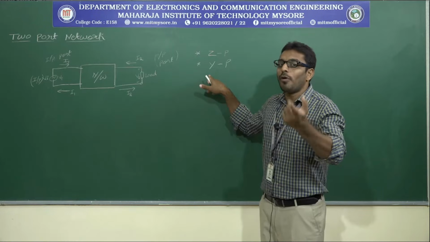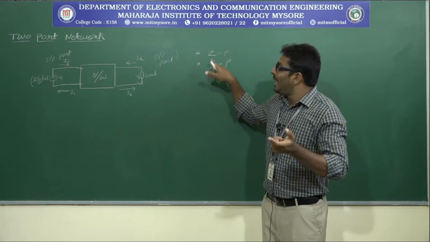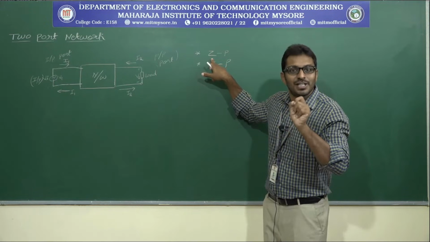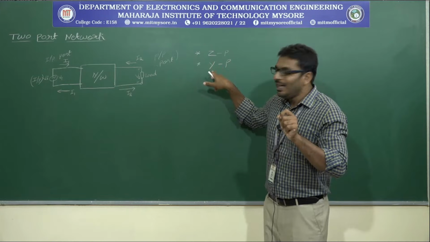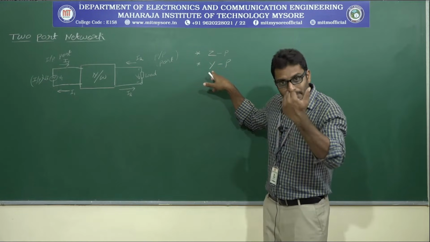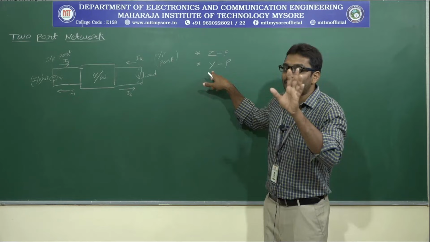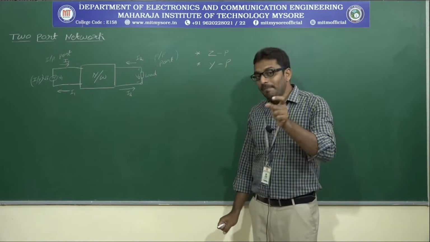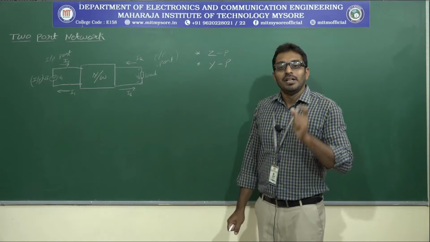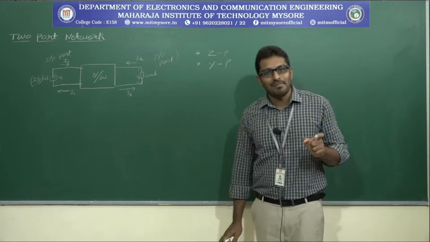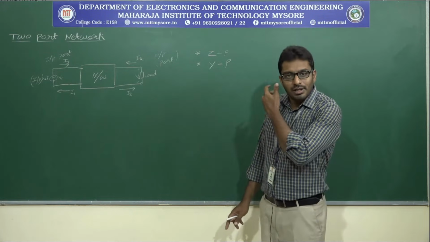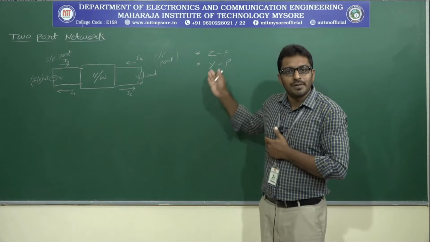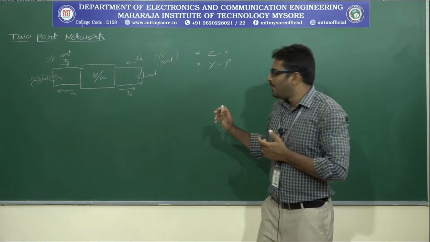In order to obtain Z parameters, one of the ports must be open circuited. Similarly, to obtain Y parameters, the port must be short circuited. That's why the names open circuit impedance parameter and short circuit admittance parameter. Anyhow, we are going to explain and derive these parameters. First Z parameters, then Y parameters.